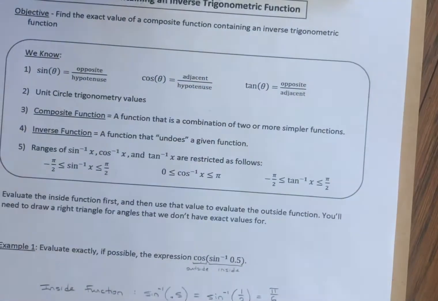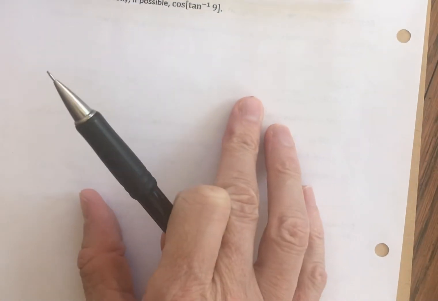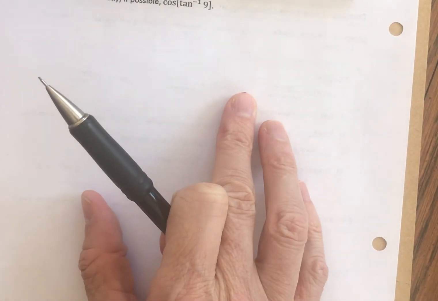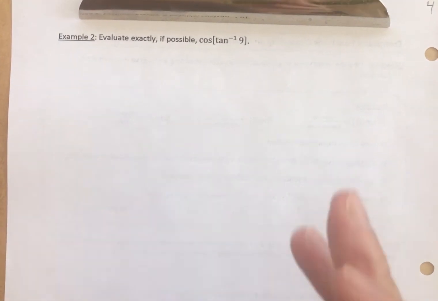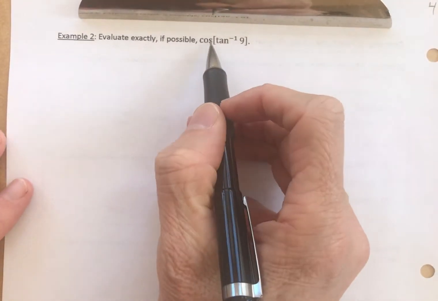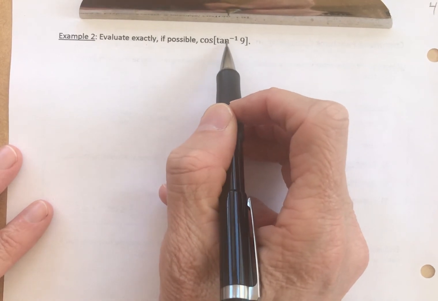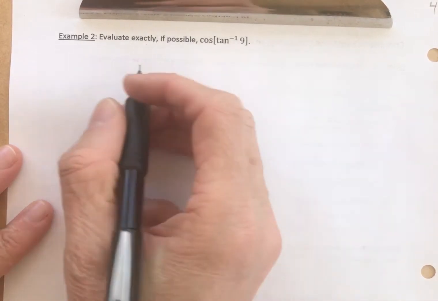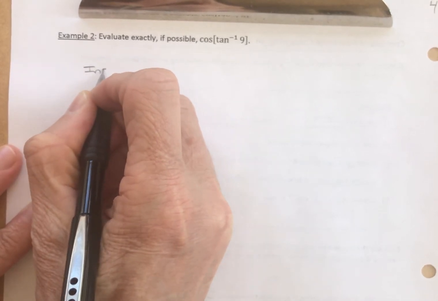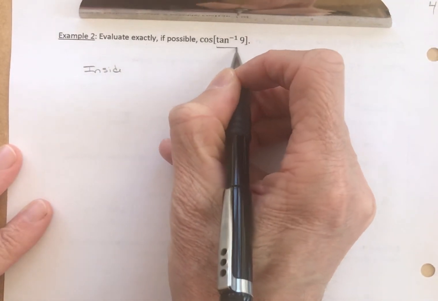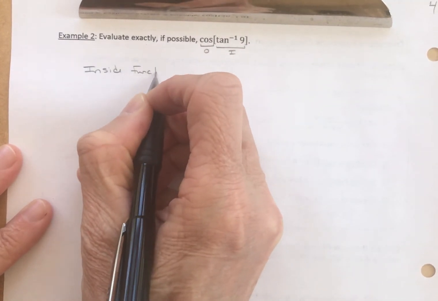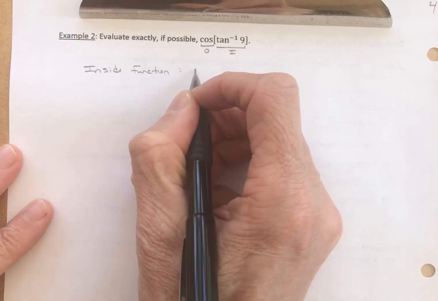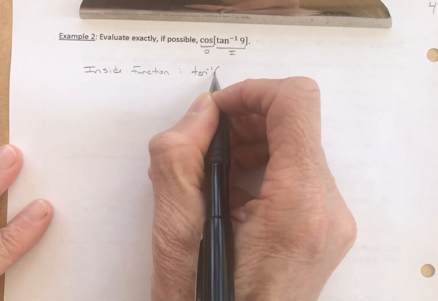Now let's do an example for which we don't have the exact value for the inverse, and we want to use the right triangle to come up with the exact value. Evaluate exactly, if possible, the cosine of the inverse tangent of 9. The inside function says, what is the inverse tangent of 9?